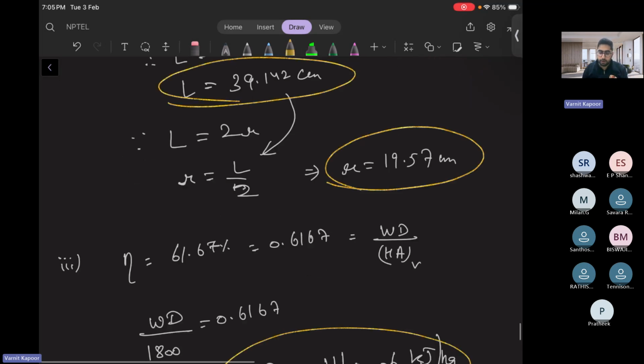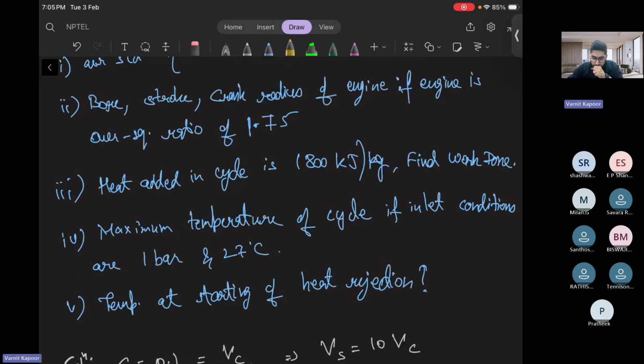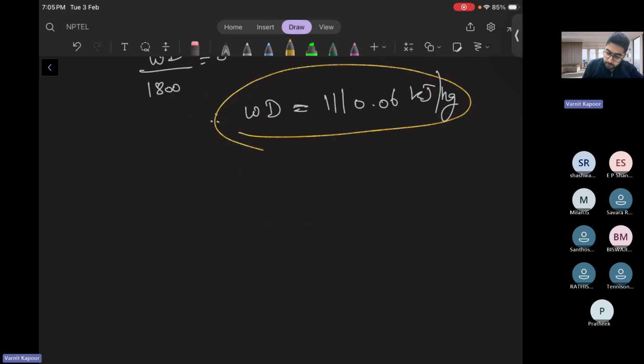Next, the fourth part is the maximum temperature of the cycle if the inlet condition is 1 bar and 27 degrees Celsius. Let us first find the heat rejection. We know that net work done is heat addition at constant volume minus heat rejection at constant volume.